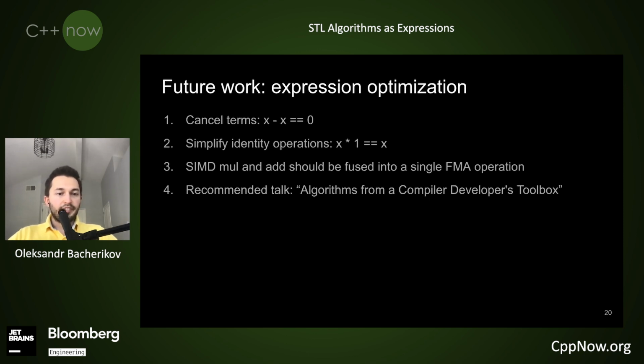One interesting case is in SIMD, multiplication and addition should be fused into a single FMA operation, which is a special instruction to optimize this use case. And for more dedicated optimizations, I'd recommend a talk from today called Algorithms from a Compiler Developer's Toolbox, which was a great talk with some great examples of other optimizations you could do.